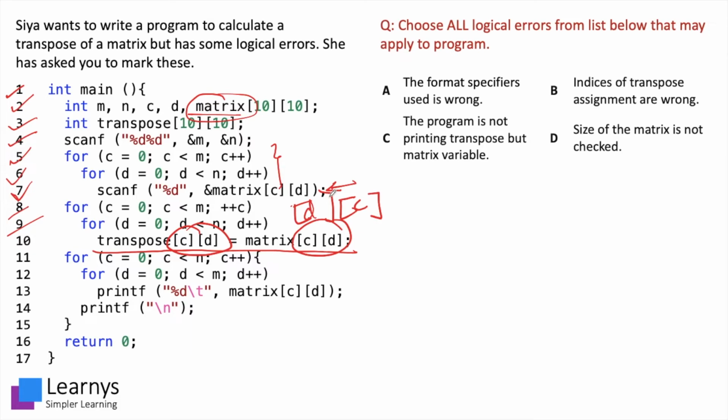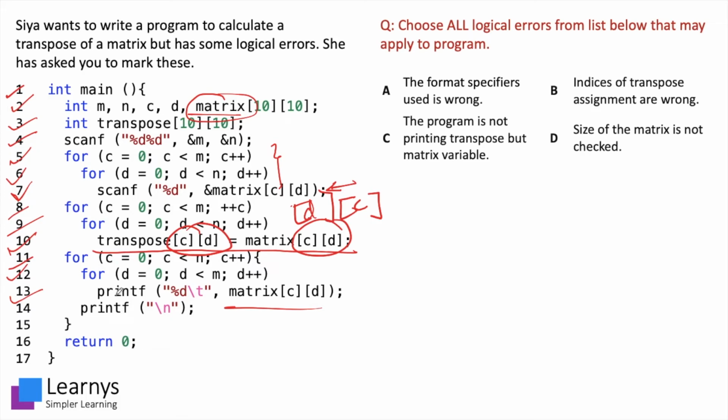Also, let's keep looking forward. Again, the loops are same as previous and thus correct. We have deemed them correct earlier, so it's fine. The format specifier used in the printf statement is correct. But if you look closely here, we're not printing the output, or we're not even printing the matrix transpose. What we're printing is the original matrix we had taken from the user, and thus making the entire program moot.